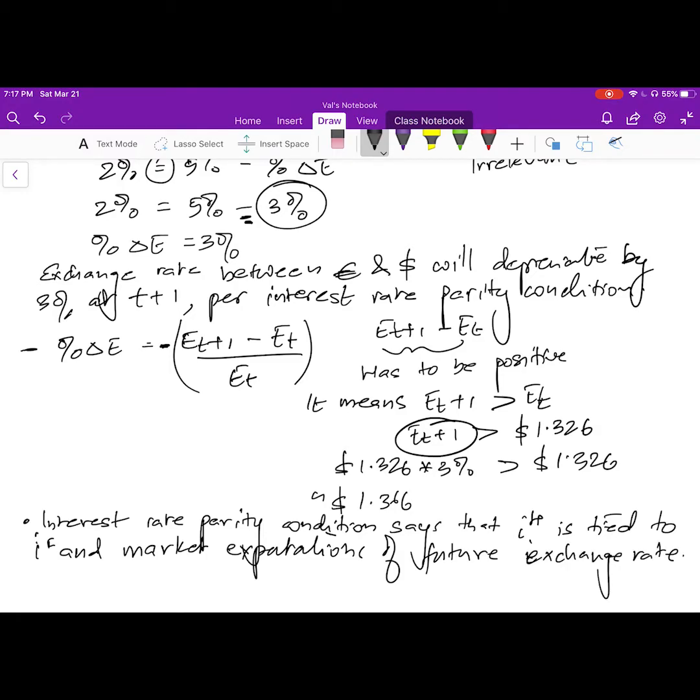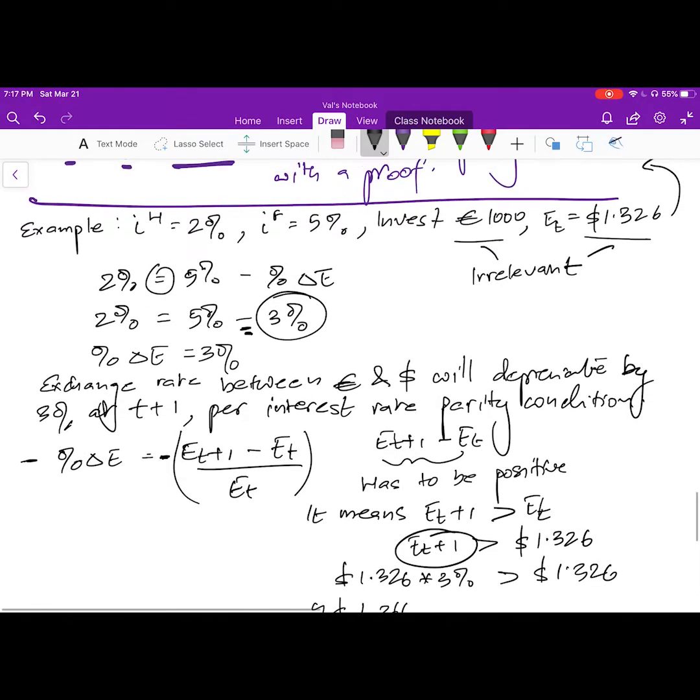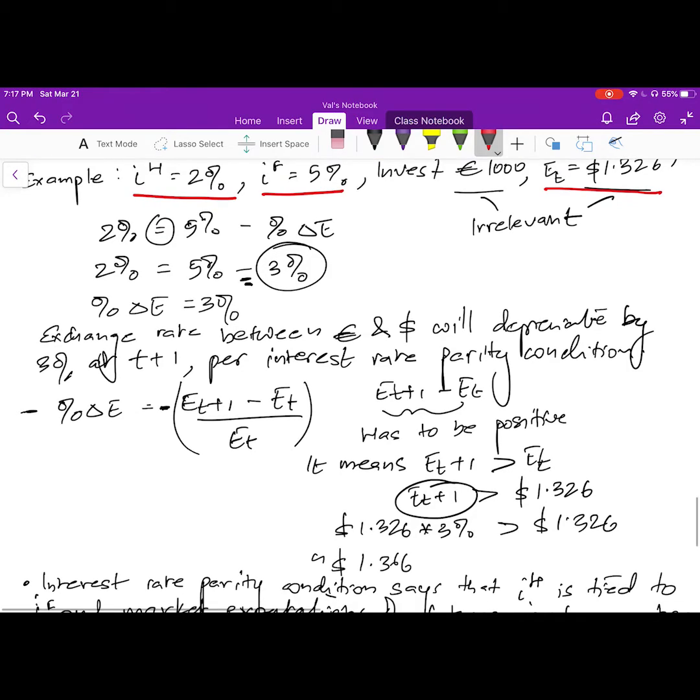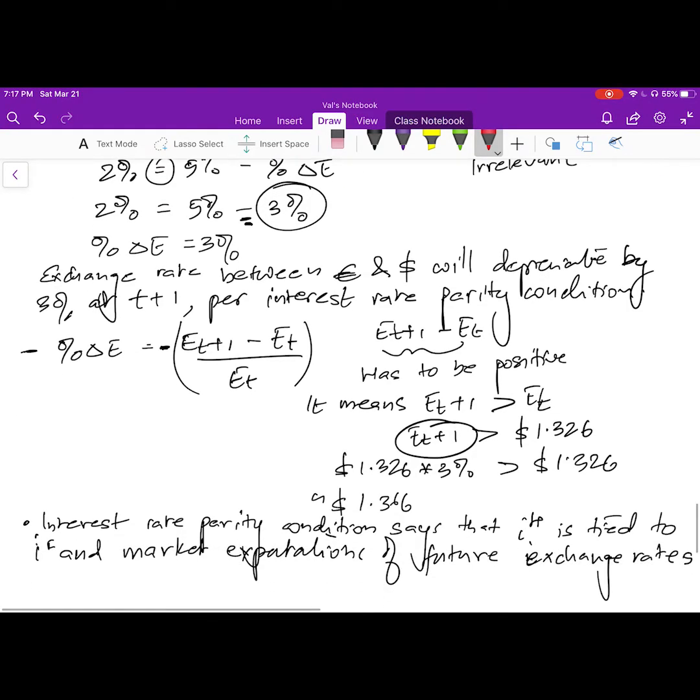What does this mean? It means that if I were to come up to you with an offer and say you can invest at home for 2%, or invest at foreign for 5%, and the exchange rate today is 1.326, what you would tell me is that you expect the future exchange rate to be 1.366.